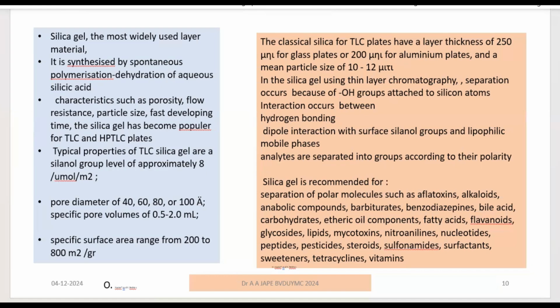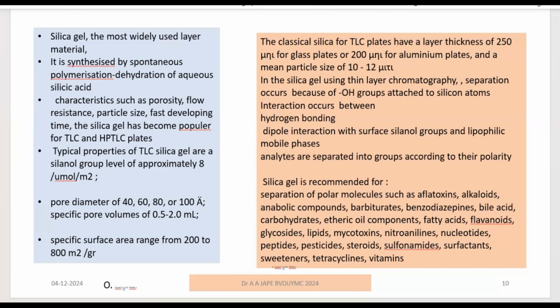So when we are preparing a TLC silica plate, all these factors are to be taken into consideration, which include the pore size, pore diameter. So 60 Angstrom diameter silica gel is commonly preferred. Then the specific surface area, which is going to range from 200 to 800 square meter per gram.